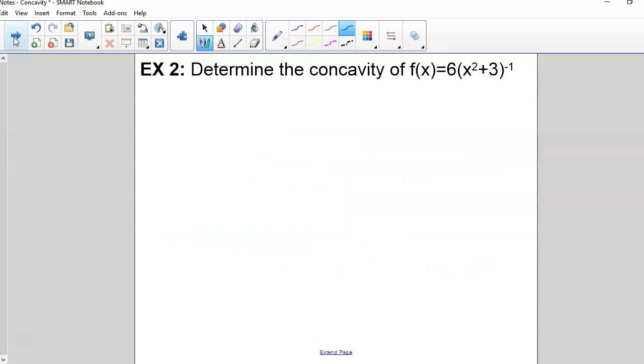All right, we've got another example. We've got f of x equals 6 times x squared plus 3 to the negative 1. So we've got to take the derivative twice for this. So our first derivative for this one, Wendy, what will we get when we take that derivative?